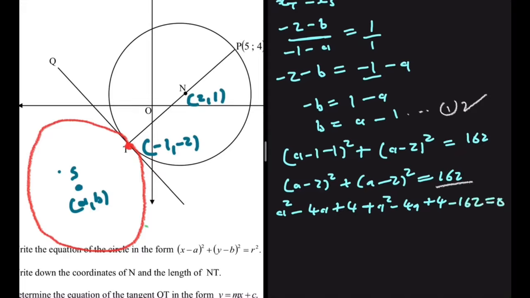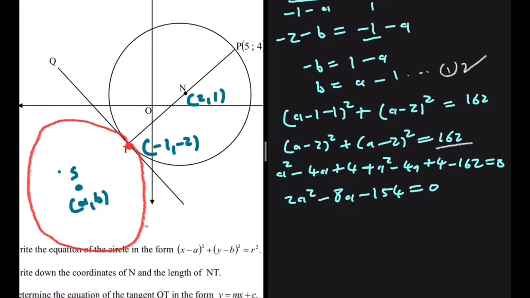So we're going to get 2a squared minus 8a minus 154 is equals to 0. We can take 2 as a common factor and get a squared minus 4a minus 77 is equals to 0. So now it's just a matter of factorizing this.